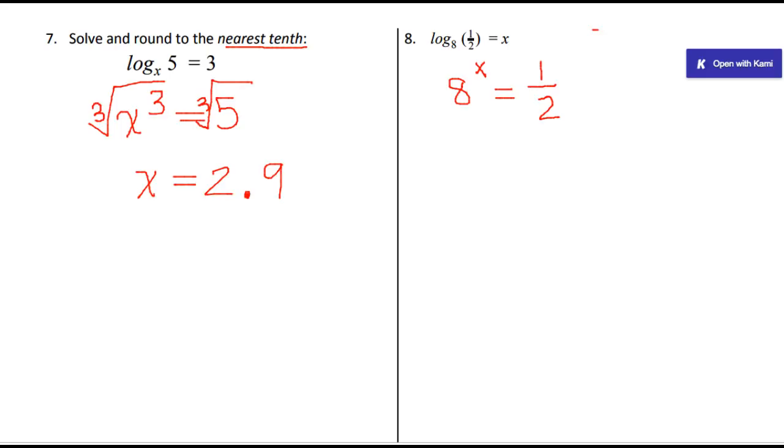So if you know 2 cubed is 8, that means if I take the cube root of 8, it will give me 2. But I don't want this to turn into a 2, I want it to turn into a 1/2. So that means x needs to be negative 1/3.